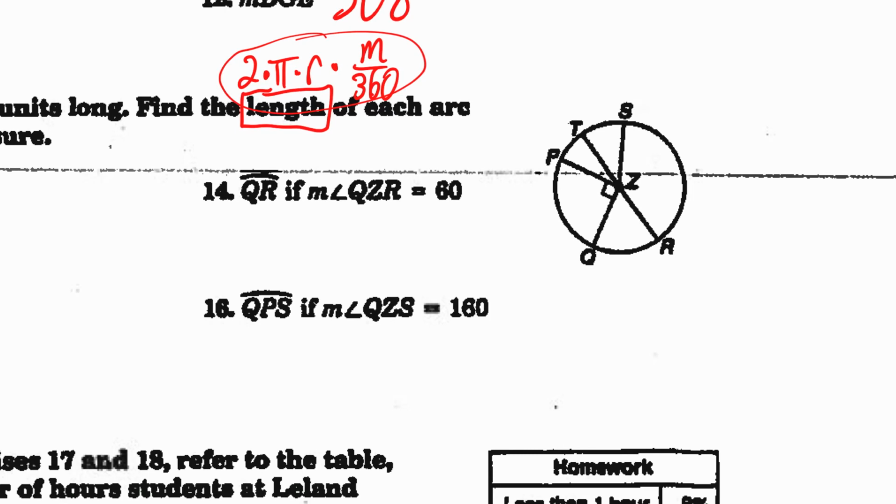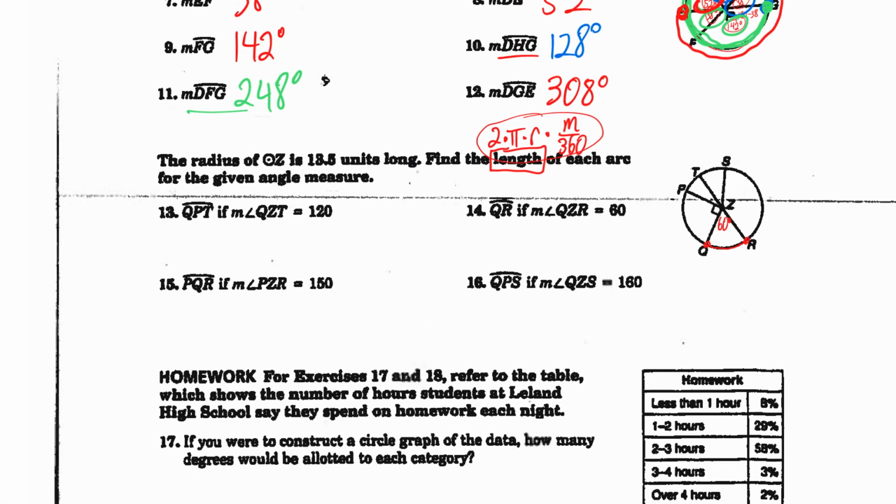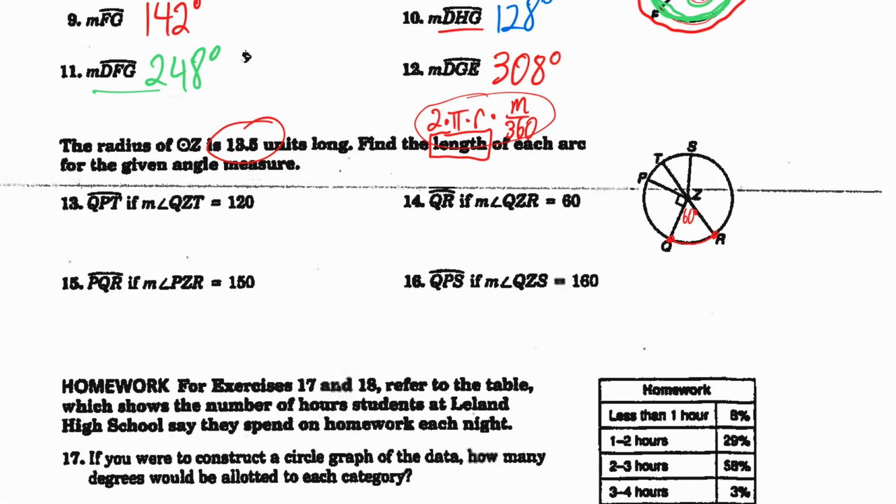So I'm just going to do number 14. We're looking for the length of QZ if angle QZR is 60 degrees. And it tells us right up here that the radius is 13.5. So I'm going to go 2 times pi times 13.5 times 60 over 360. Just plugging in numbers into this formula right here.